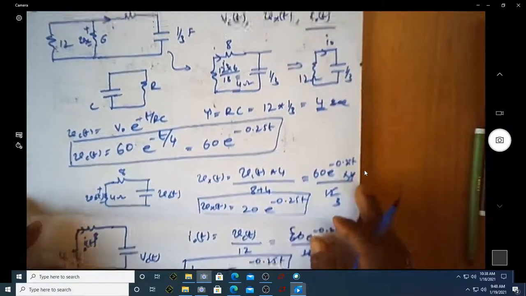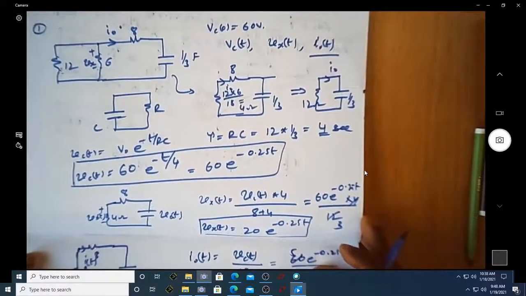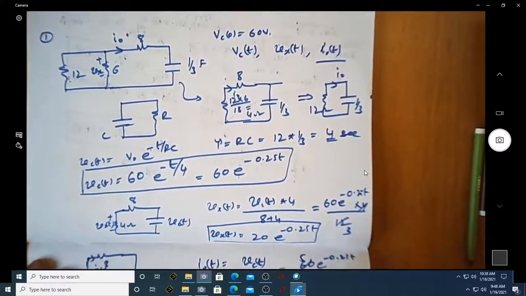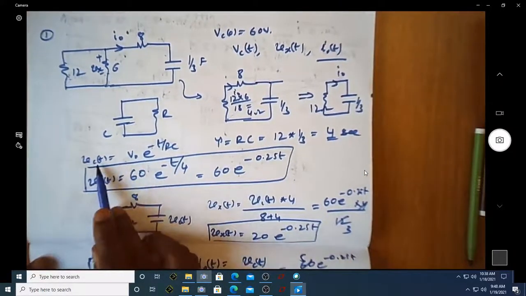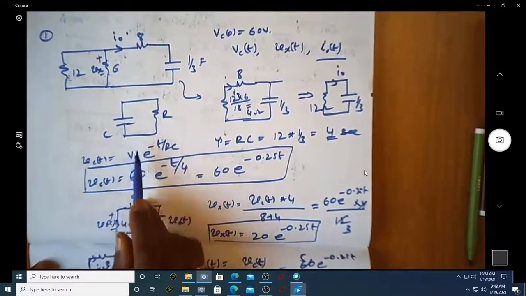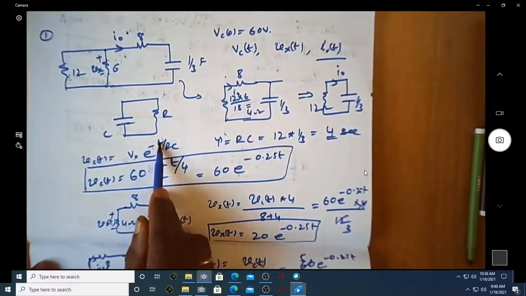So from this example, we can use the expression of V of t, that is voltage across capacitor, given by V naught into e power minus t by RC.